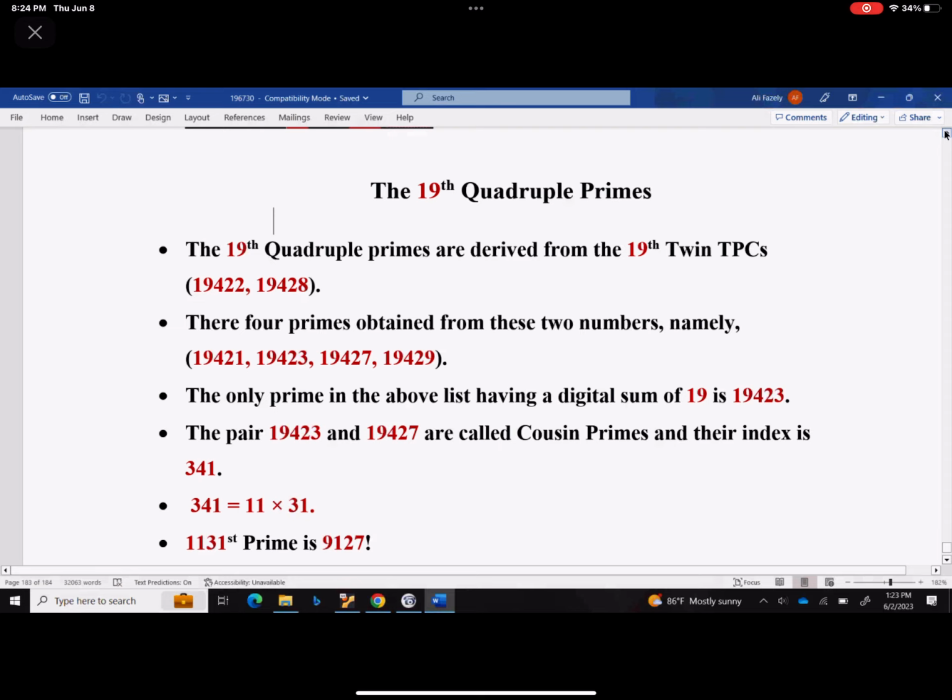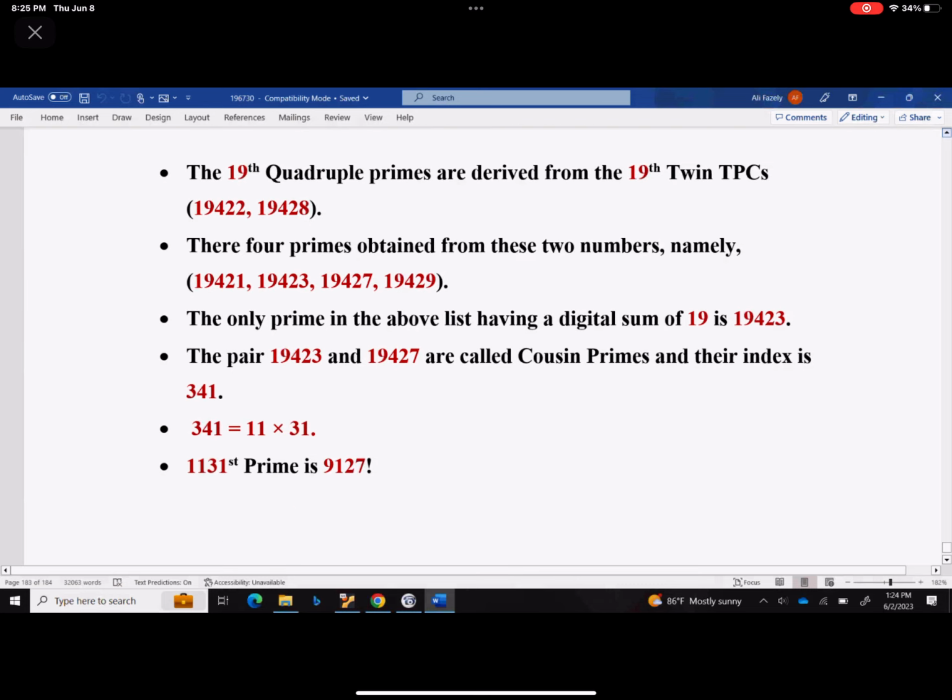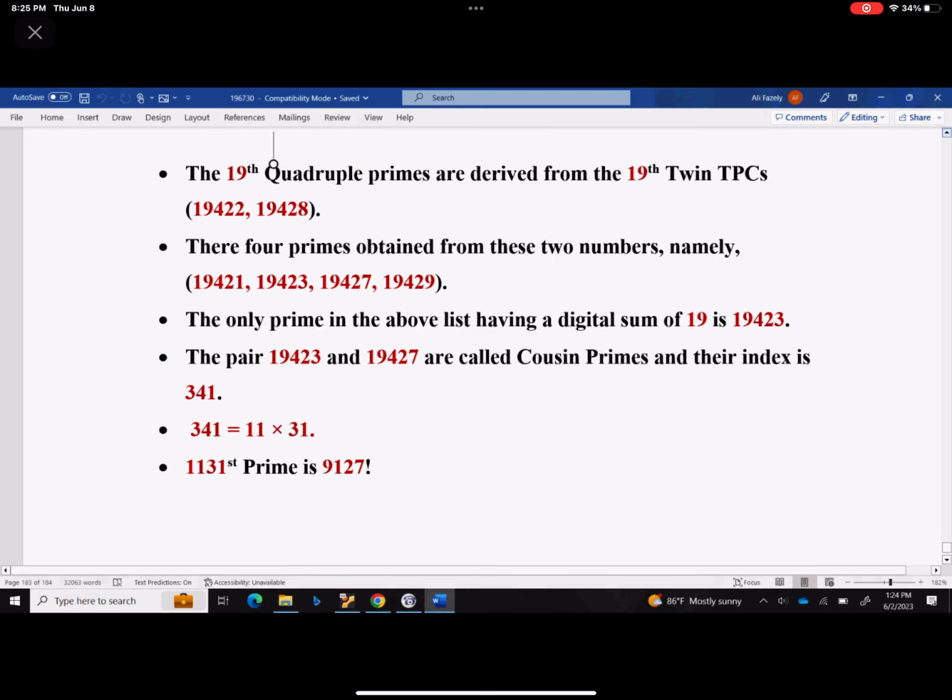Now look what God has done. This is amazing. Now He's going to give us a beacon here. The only prime in the above list having a digital sum of 19 is 19,423. So He gives us a hint: look at this number and see what you get. When we look at it, the pair 19,423 and 19,427 are called cousin primes.